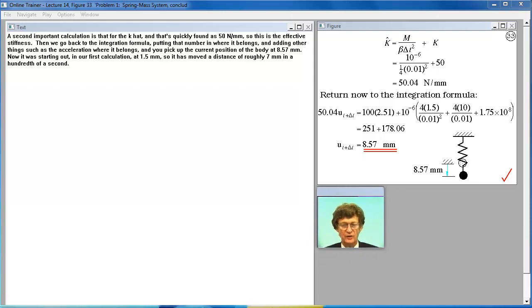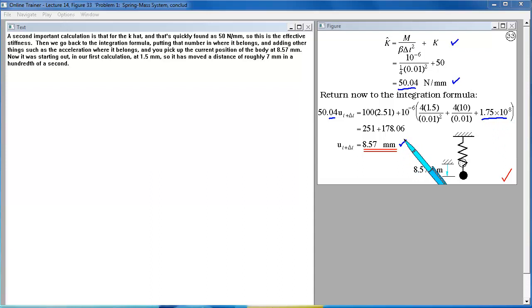A second important calculation is that for k hat, and that's quickly found as 50 newtons per millimeter. So this is the effective stiffness. Then we go back to the integration formula, putting that number in where it belongs, and adding other things such as that acceleration where it belonged, and you pick up the current position of the body at 8.57 millimeters.